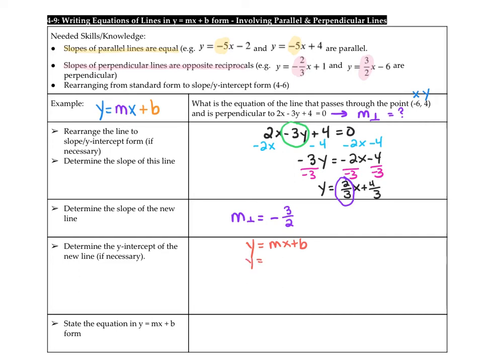You're going to substitute the -3/2 into the slope. And now you're going to substitute the 4 in for the y, and the -6 in for the x.